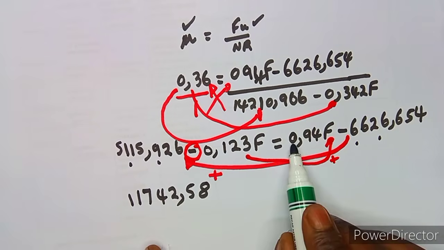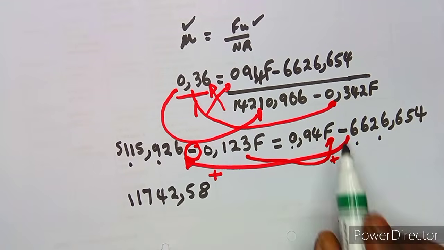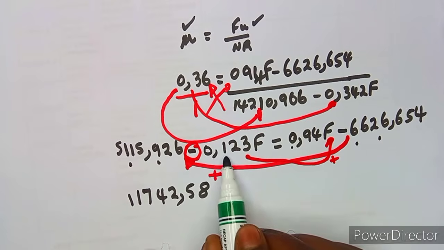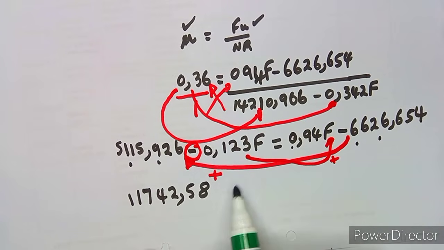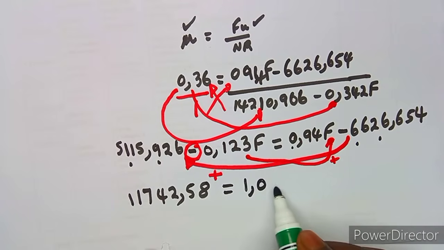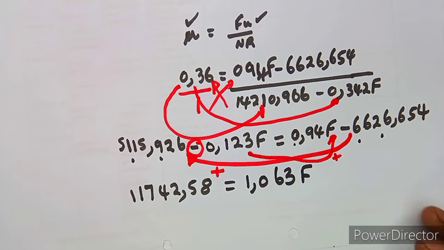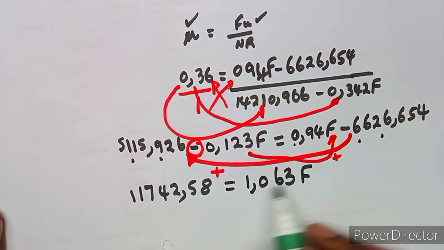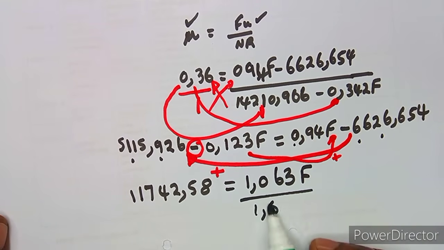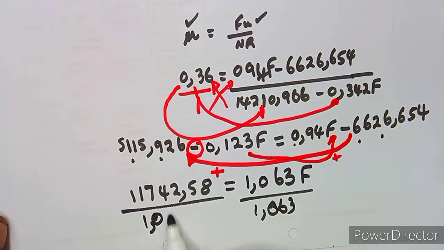So it's going to be 0.94f plus 0.123f. So you add these two now. So it's going to be 1.063f, like this. All right. Now from this information, guys, you want to calculate f, so definitely we have to divide by this value here, divide by that value there.